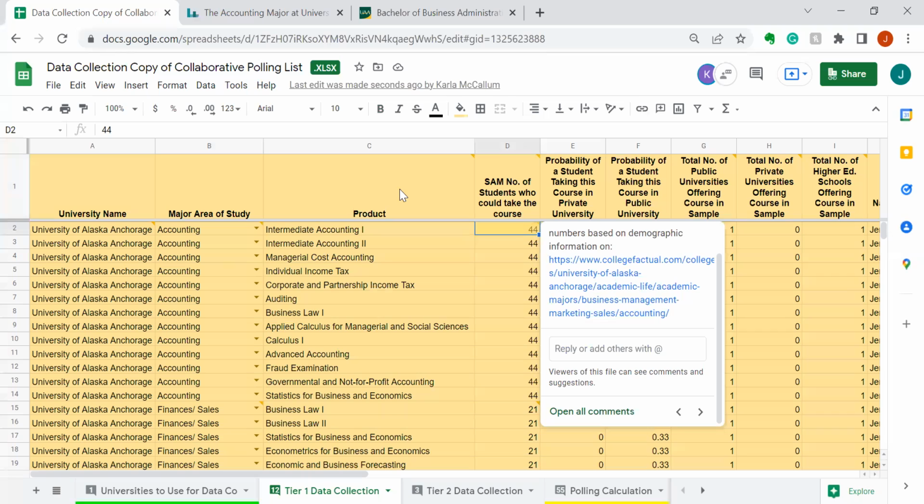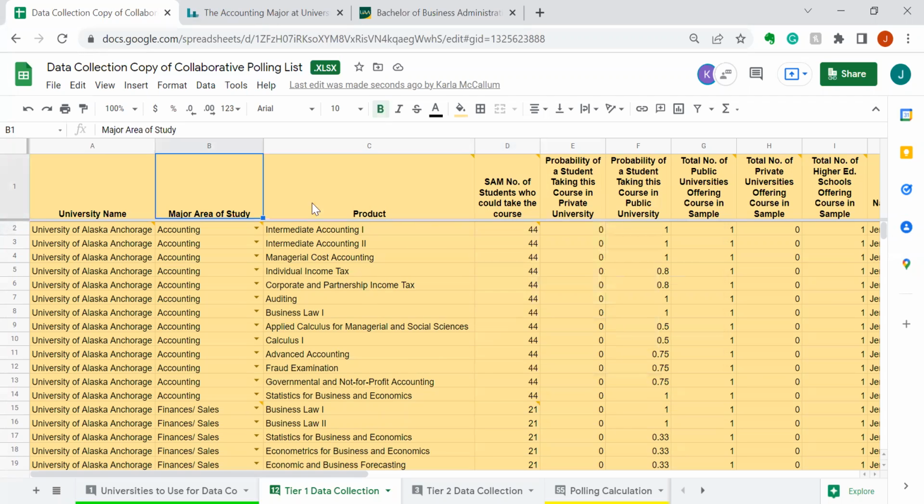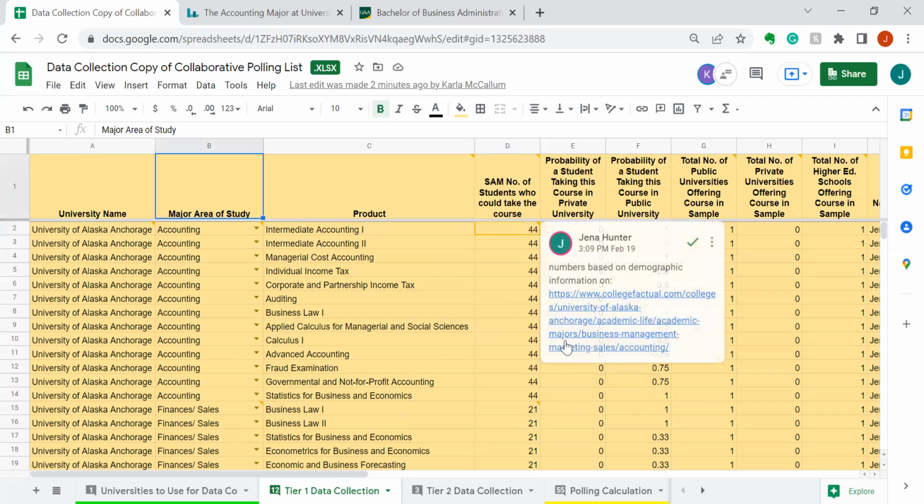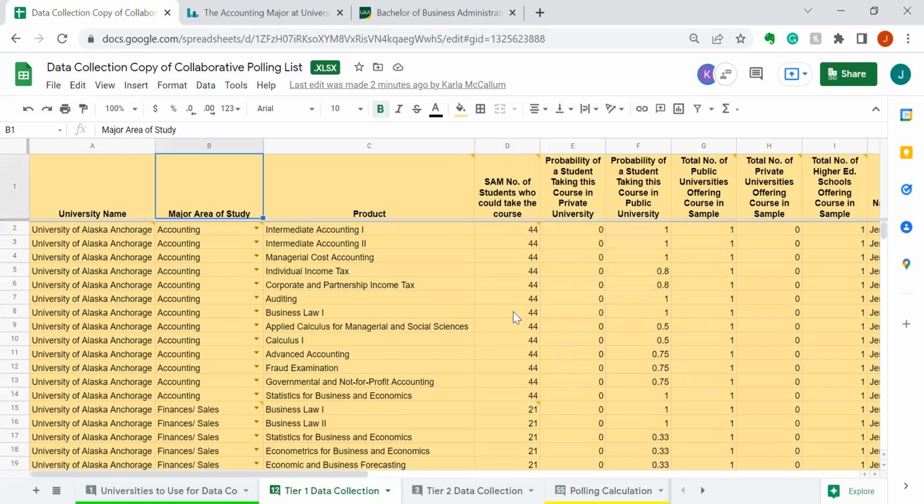People are just constantly changing their majors. So I don't know who could take the course, but I feel like probability gets a little spooky when you start saying, if there's that many right now, then it could change the probability.